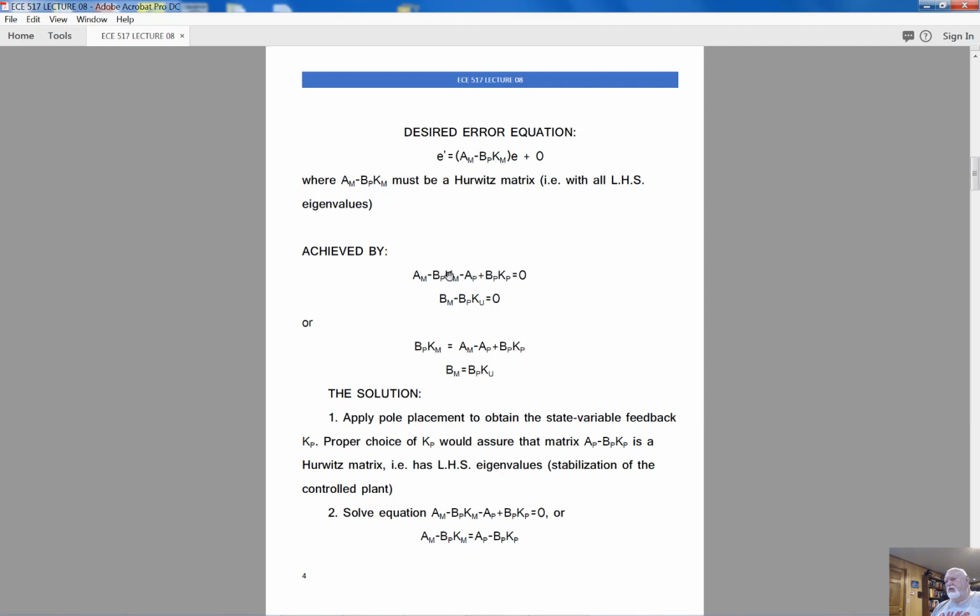Km should be found from this expression. Now, BM is known, BP is known, KU is the matrix that should be determined from this equation.